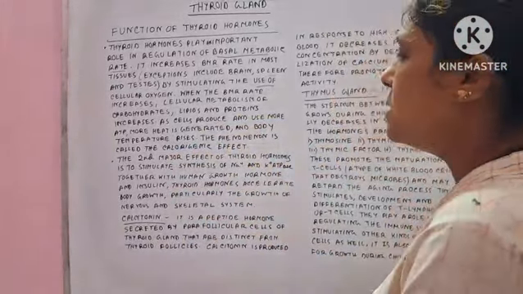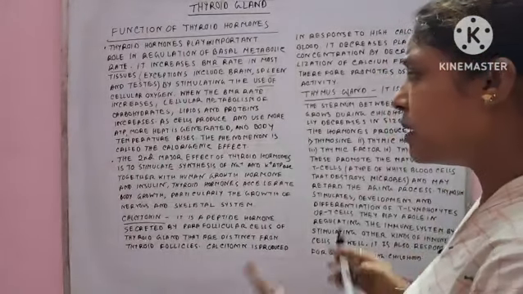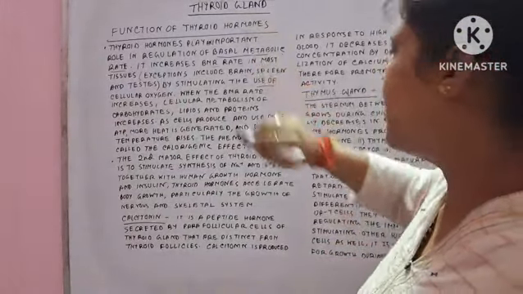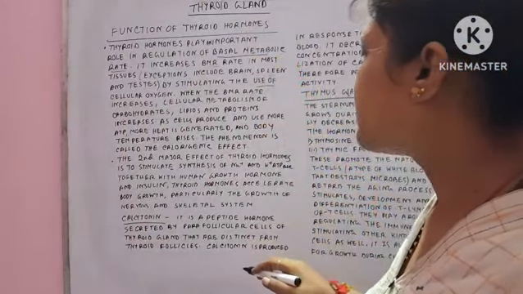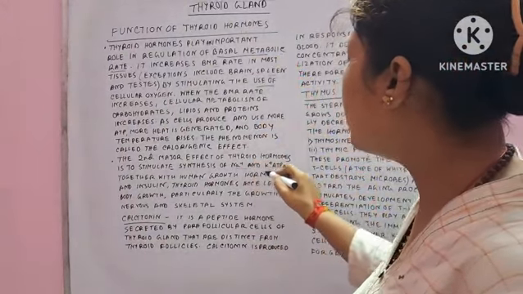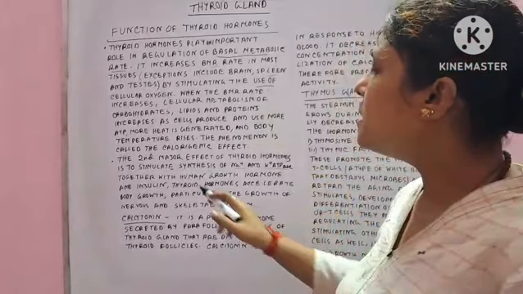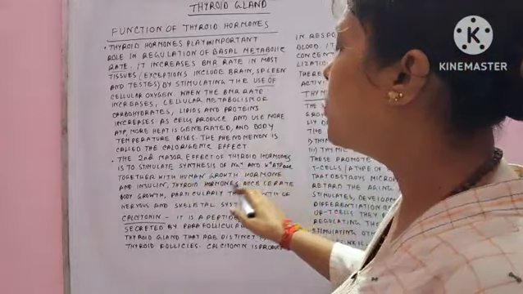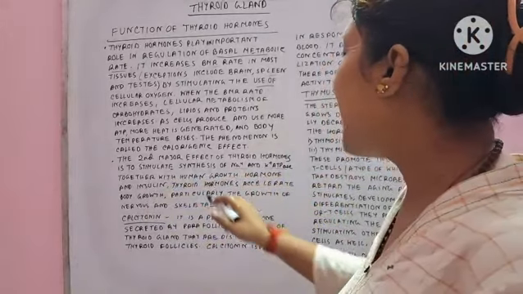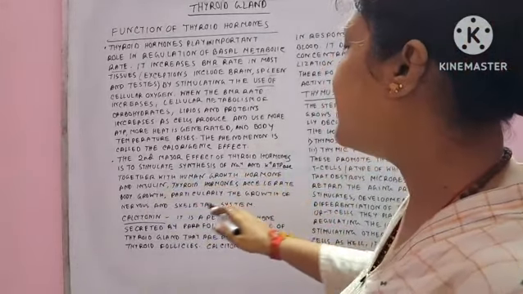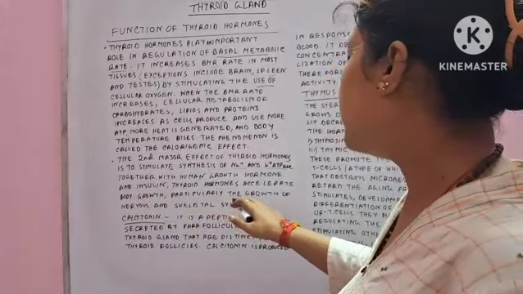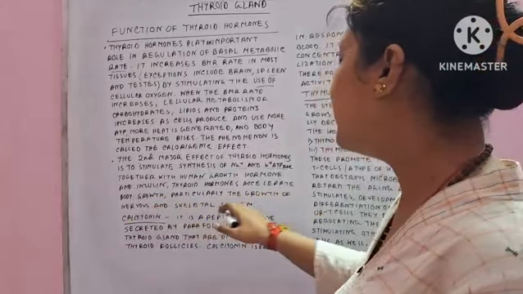Second function is the major function that is controlled by the thyroid hormones, that is the synthesis of the sodium and potassium ATPase, together with human growth hormone and insulin. So thyroid hormones accelerate the body growth and the growth of the nervous and skeletal system.